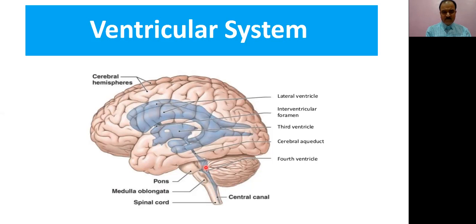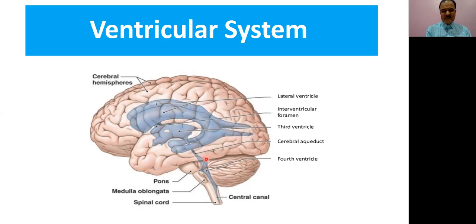In addition, the fourth ventricle has communication with the subarachnoid space. The roof of the fourth ventricle has three openings: one is the foramen of Magendie in the median plane, and on its lateral aspects there are two lateral foramina, which we call the foramina of Luschka. Through these foramina, the ventricular system communicates with the subarachnoid space.